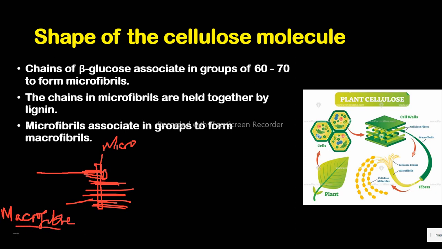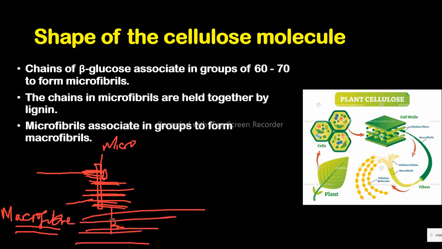Now it doesn't stop there. You have binders, and in this case I think they are pectins and hemicellulose. They are the gums, the binders that will bind these macrofibers, these large strands, with another large strand somewhere, to form one big fiber, which is a cellulose fiber.